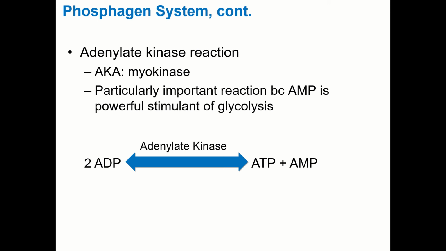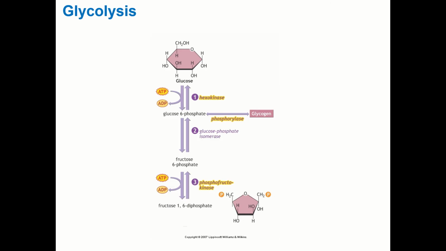Again, we prefer not to do this, but certainly we can during all-out efforts. The reason that matters is because adenosine monophosphate is a powerful stimulant of glycolysis. So it basically signals, hey, we're running out of ATP, our stores are running low, we've got to turn on the next system. That's glycolysis, the next fastest and next most powerful system after the phosphagen system.